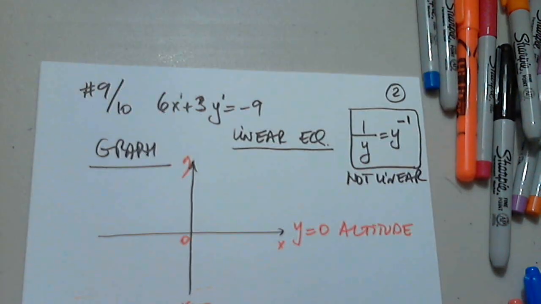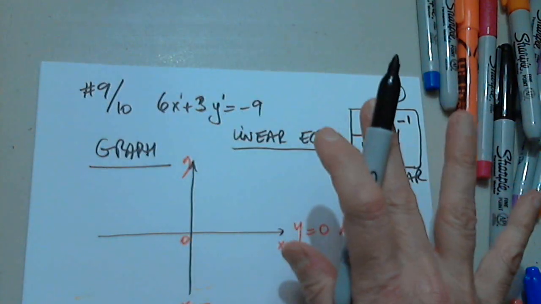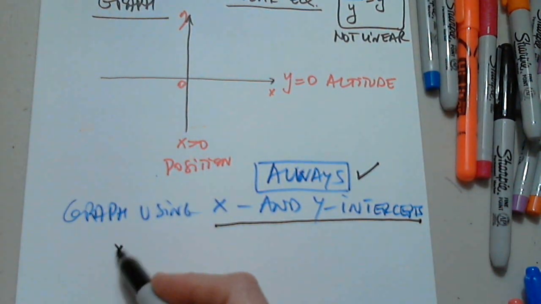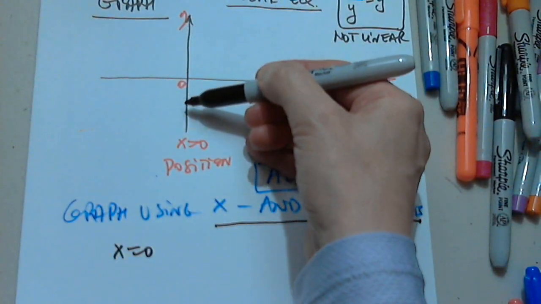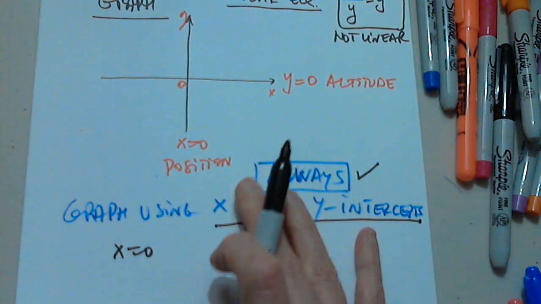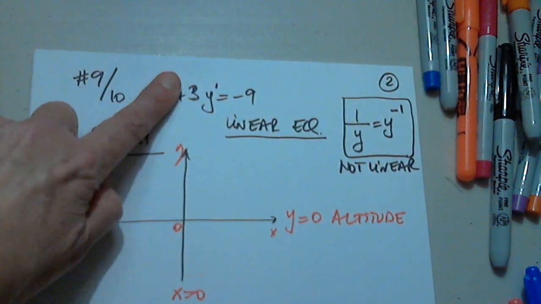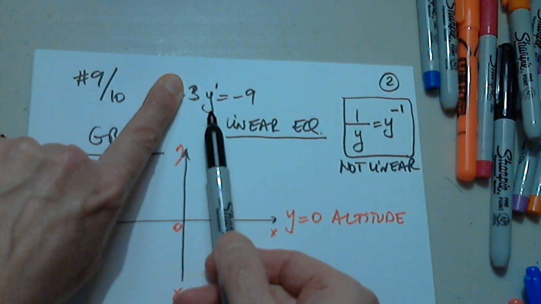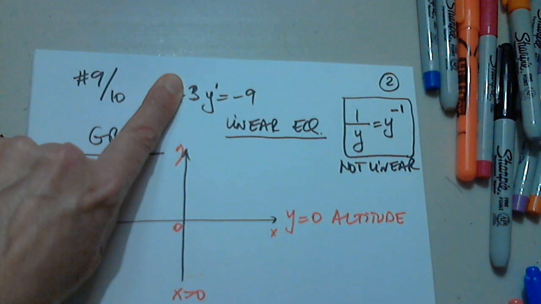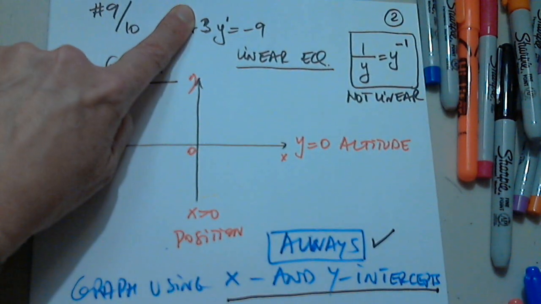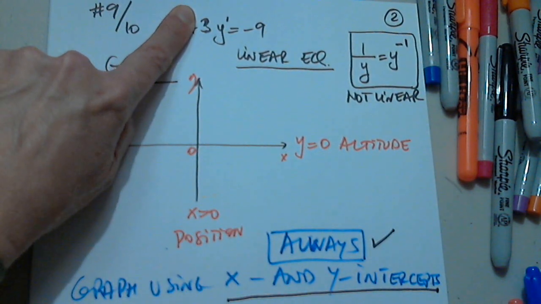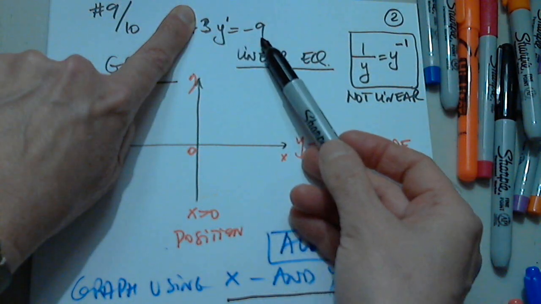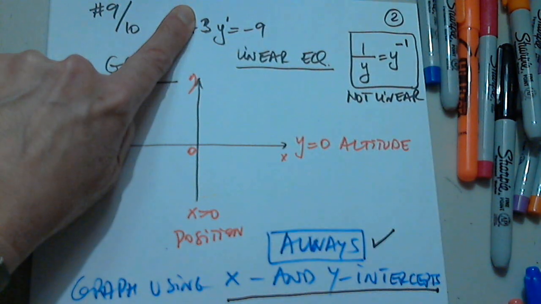So don't waste your time to solve for y. It's a waste of time, okay? So I'm going to make x equals 0, trying to find the y-intercept. 3y equals -9. Can anyone tell us how much is y when x is 0? -3. Very good.